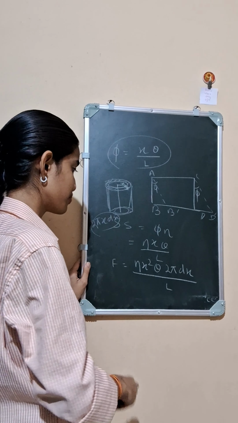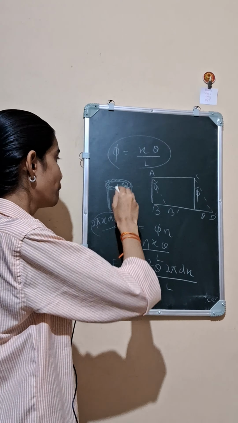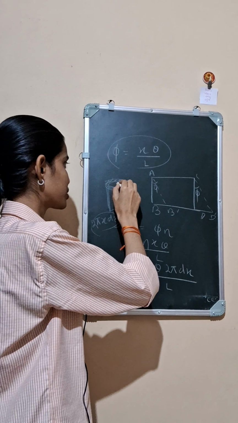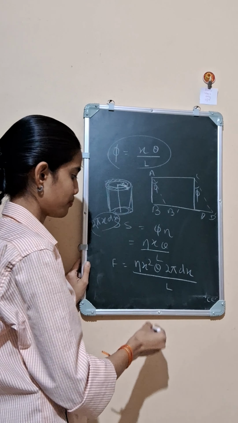This is the force. And if we want to calculate the couple, we just multiply the force with its perpendicular distance, where the perpendicular distance is x.